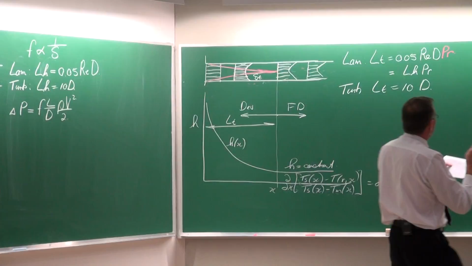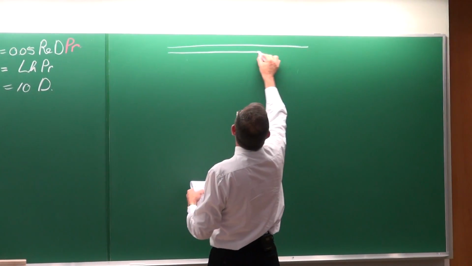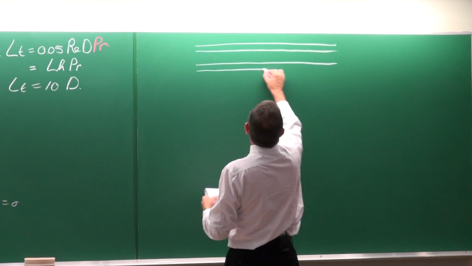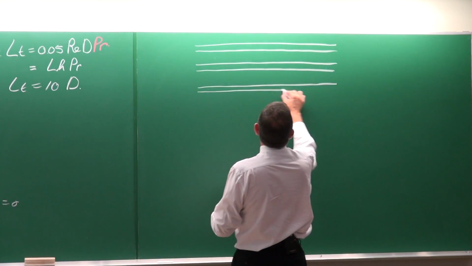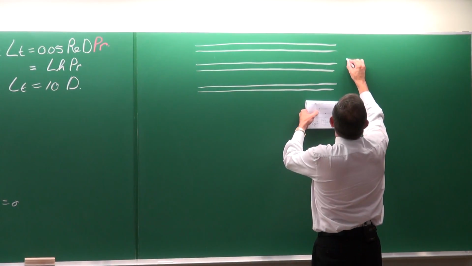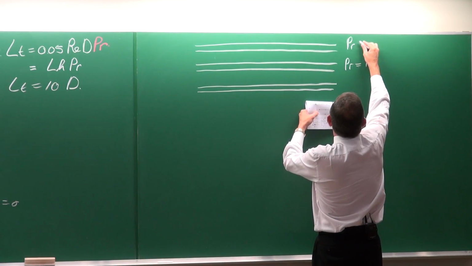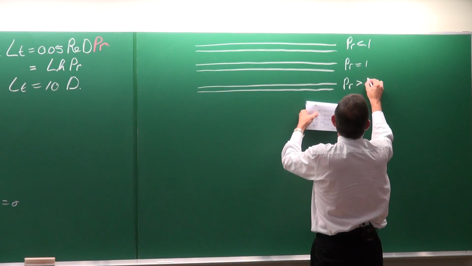Thus, in general, if we now look at the three possibilities for Prandtl numbers, a Prandtl number equal to 1, a Prandtl number larger than 1, and a Prandtl number smaller than 1. So if this is the case of Prandtl equal to 1, and that is the Prandtl smaller than 1, and that is the case for Prandtl larger than 1.